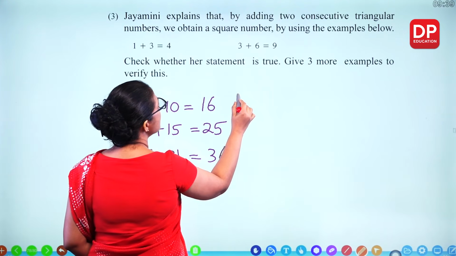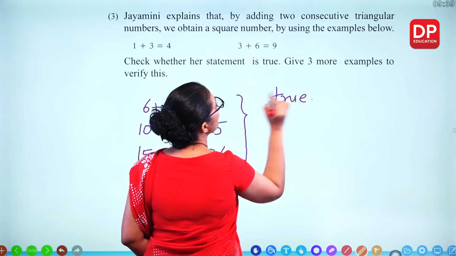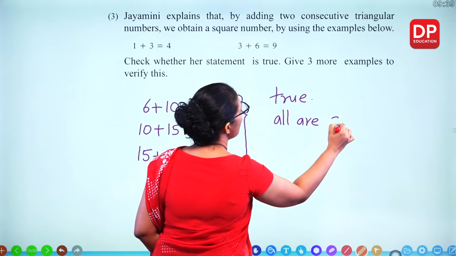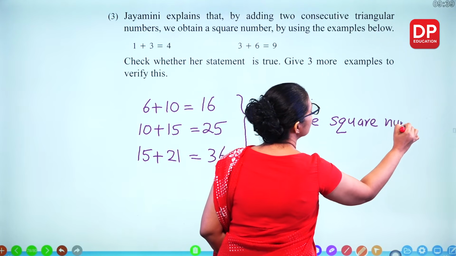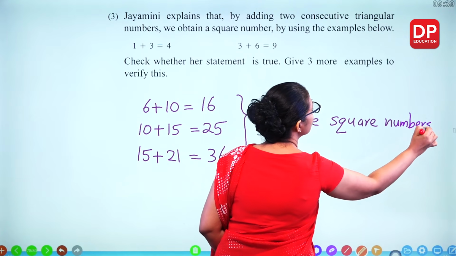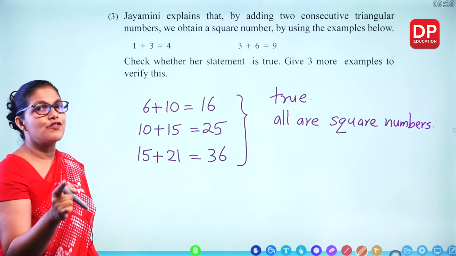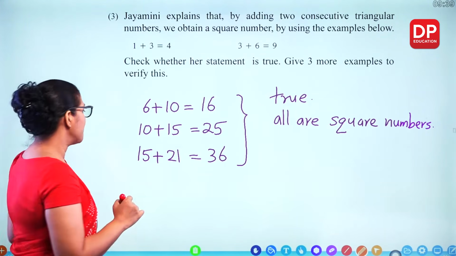So check whether her statement is true. True. All are square numbers. So when you add two consecutive triangular numbers, you get a square number.